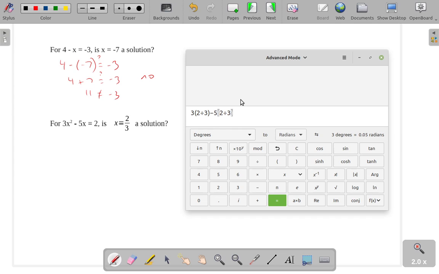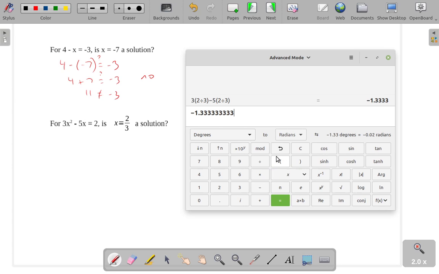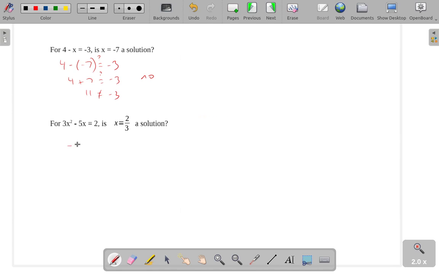You just evaluate one side of the equation. So I stop once I get to that equal sign. And I'll press equals, or enter on my keyboard. I get negative 1.3 repeating. So this says negative 1.3 repeating is equal to 2. And of course that's nonsense. So that means no, x equals 2/3 is not a solution.